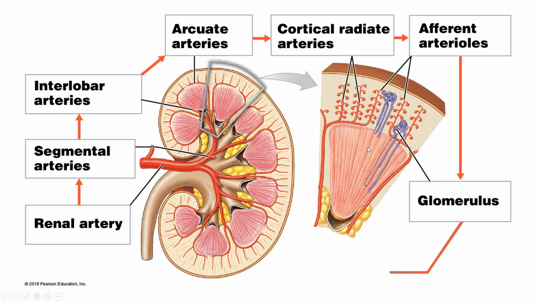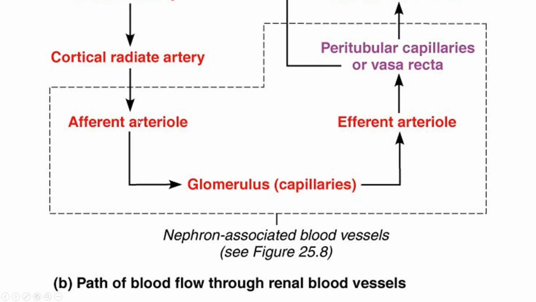So kidneys contain, again, an unusual capillary bed where you have an afferent arteriole feeding into a capillary, and it's going to be drained by an efferent arteriole. Whereas we know the normal way a capillary is fed and drained will be arteriole into the capillary bed, and then you have a post-capillary venule.